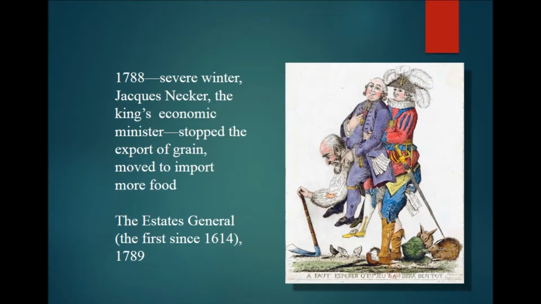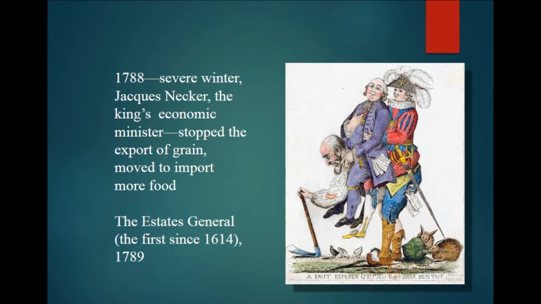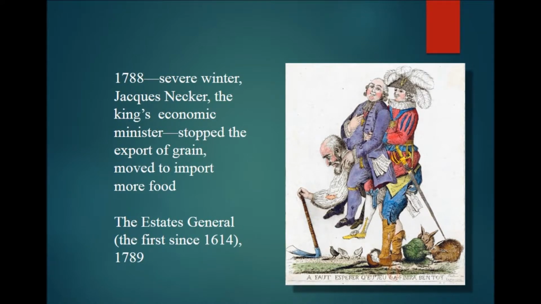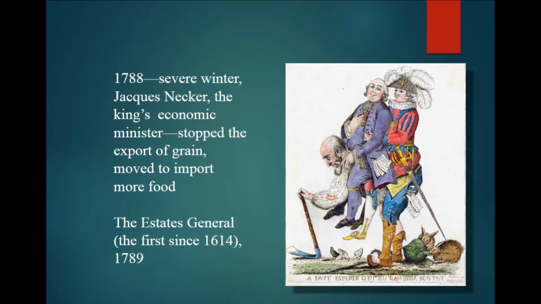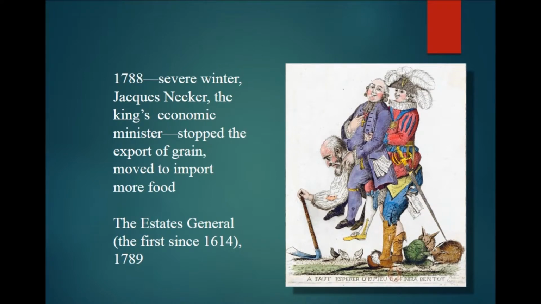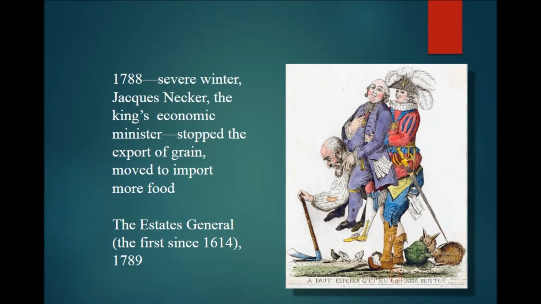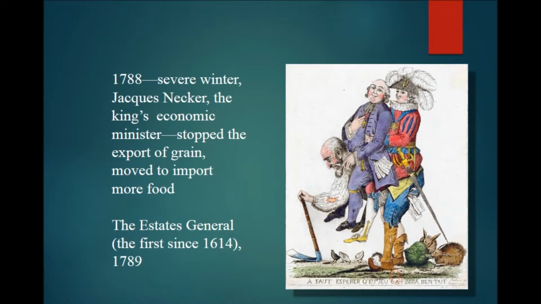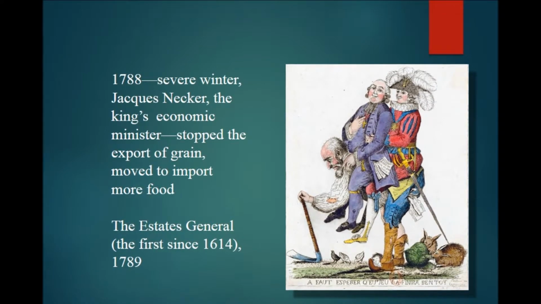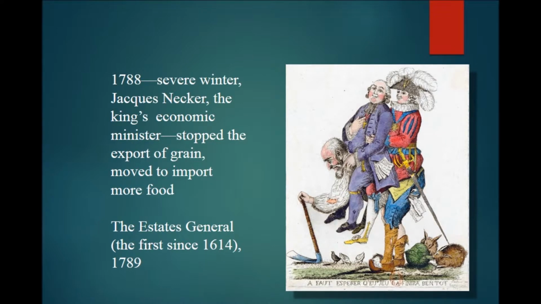And of course, the king is still wanting money. So what he ends up doing is calling something called the Estates General. And as I put up here on the screen, you've got the last one meeting in 1614. He now calls one to meet in 1789 to discuss the issue of taxes.